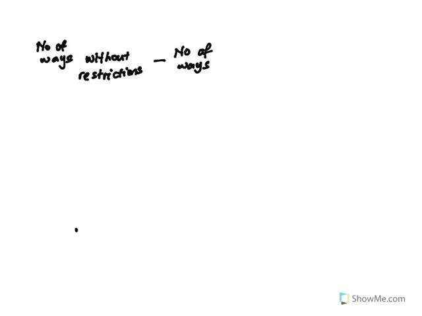So you can just take the number of ways, which is just 8 factorial over 2 factorial 2 factorial.